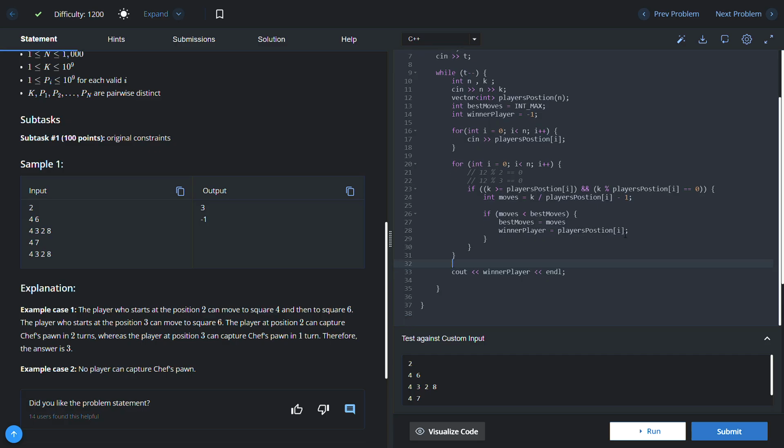And we need that position, and after that we can not do anything.